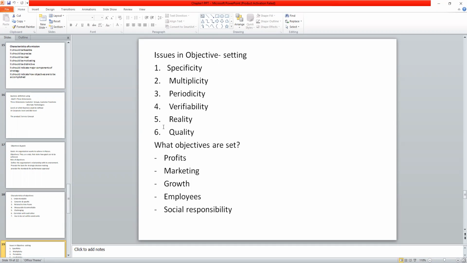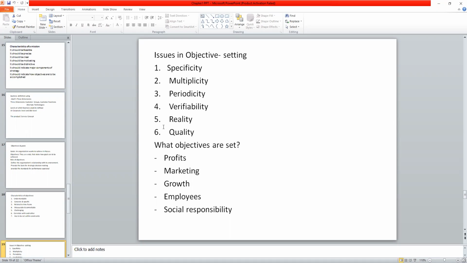When one thinks about the growth factor, the output, the sales turnover, or the growth may be specified in terms of investments to be made with reference to that particular department or functional aspect. Growth may be specified in terms of output or the sales turnover also. So it depends upon the company how growth is reflected in the objectives.